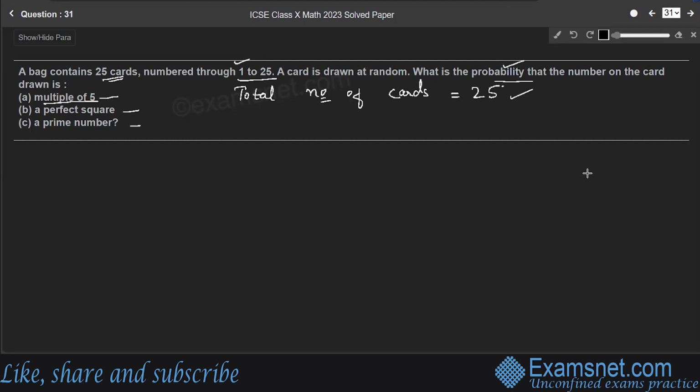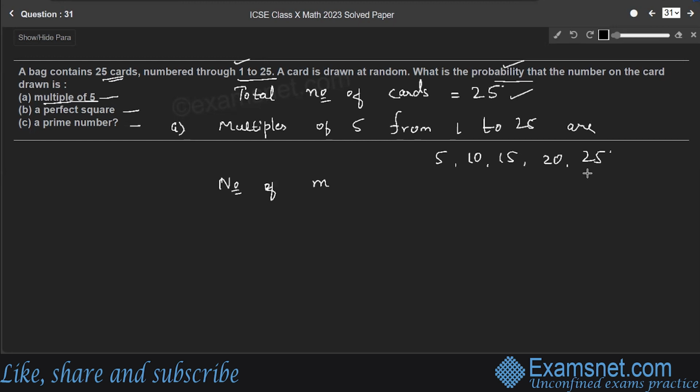So there are 5 numbers from 1 to 25 which are multiples of 5.